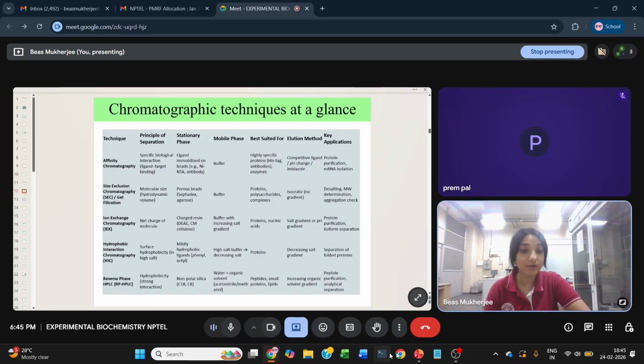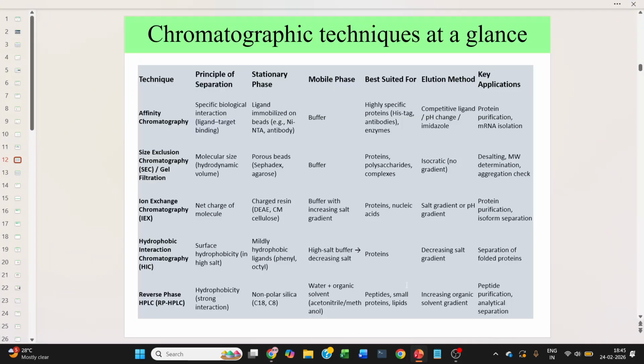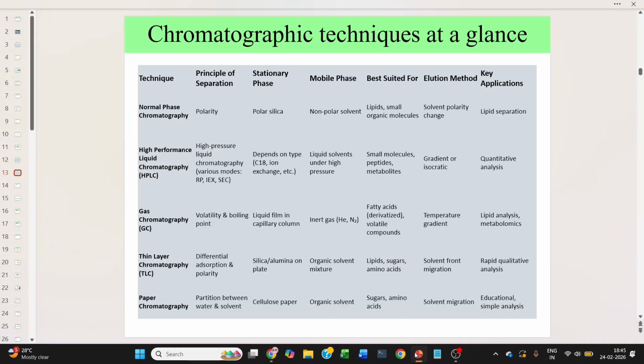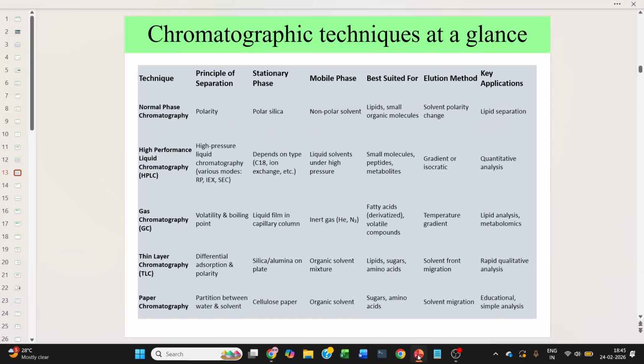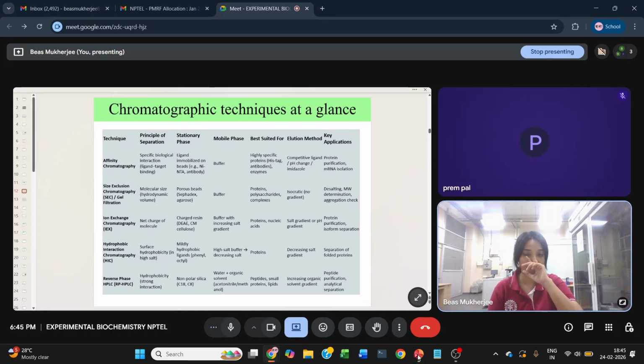Right, so we will start with a few questions, but before that we have a few more methods that we need to look into. So reverse and normal phase HPLC, let us look at this. What happens in reverse phase HPLC? The hydrophobicity is the strongest interaction here, and non-polar silica, for example C18 and C8, is used as stationary phase.